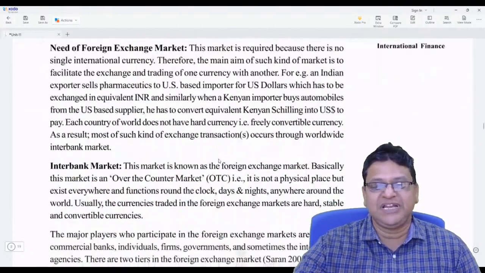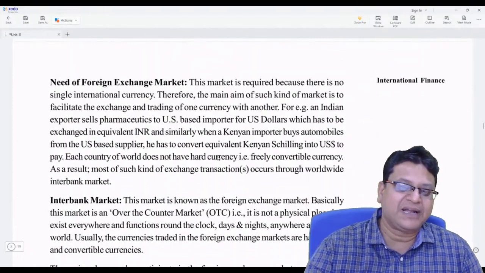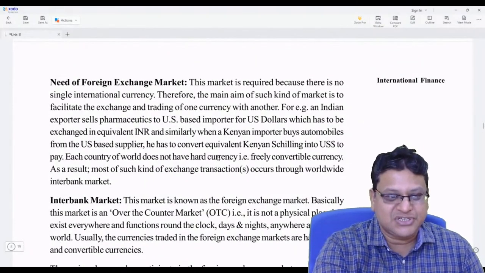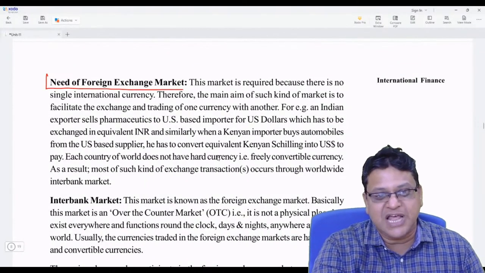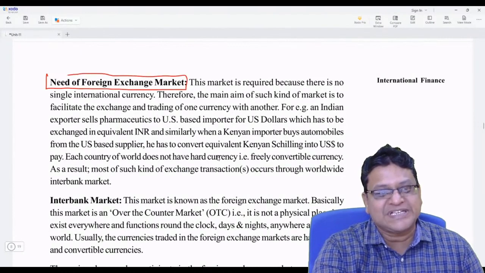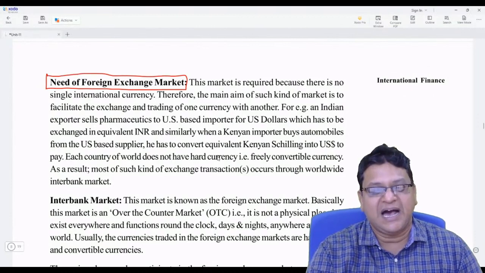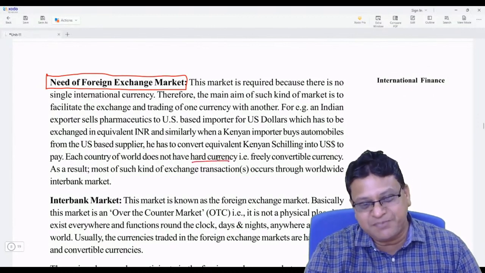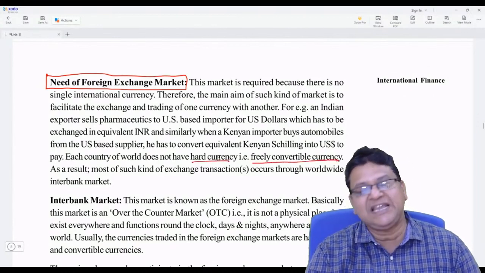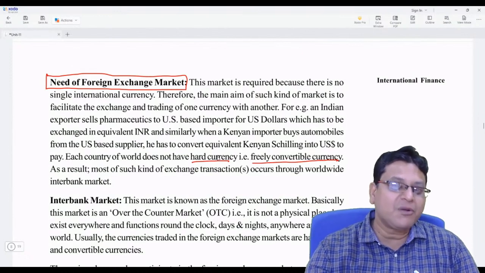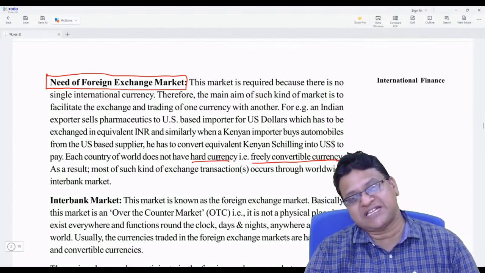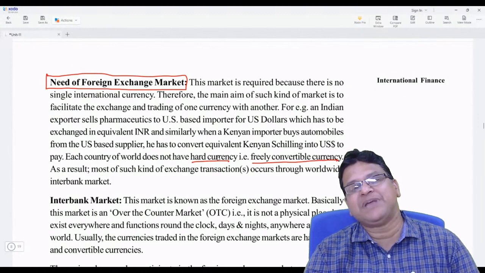So what is the need for forex market? We know that in international transactions, the transactions are made in hard currencies. What is hard currencies? Hard currency are internationally accepted currency which are freely convertible. So normally international transaction takes place in 4 or 5 major currencies.